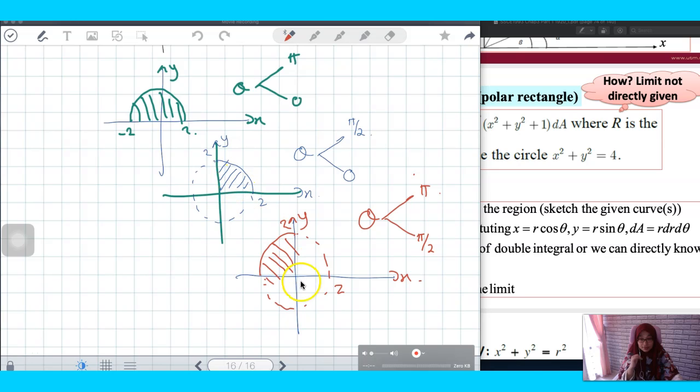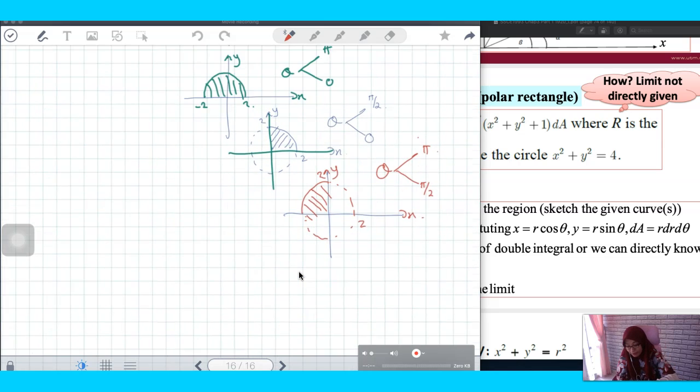The size of them is similar, right? But in terms of limit, you cannot put the same, because polar is very sensitive to the quadrant, the angle where the region is lying on the plane. In this case, it starts from 90 degrees or pi over 2 to 180 degrees or pi.